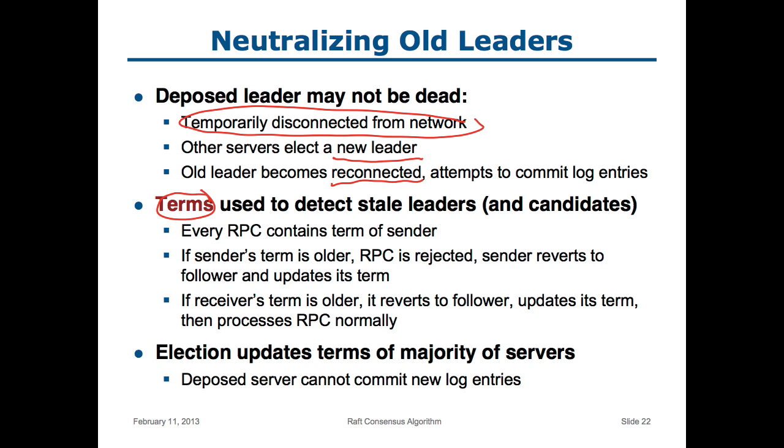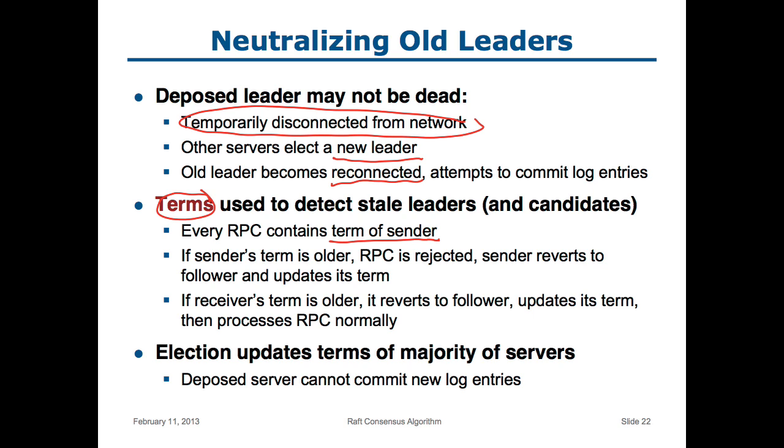What happens is that every RPC includes the sender's term. And when the RPC is received, the receiver compares that to its own term. And if they don't match, then whichever one is out of date will update. So for example, if the sender's term is older than the receiver's, that means the sender is stale.